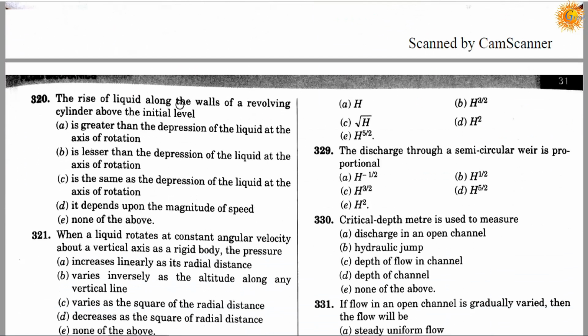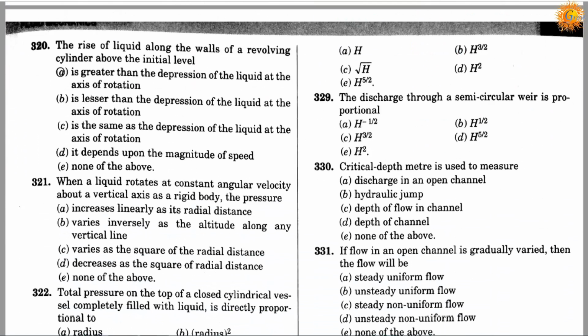Question number 320. The rise of liquid along the walls of a revolving cylinder above the initial level, option A, is greater than the depression of the liquid at the axis of rotation, option B, is less than the depression of the liquid at the axis of rotation, option C, is the same as the depression of the liquid at the axis of rotation, option D, depends upon the magnitude of the speed, and option E, none of the above.